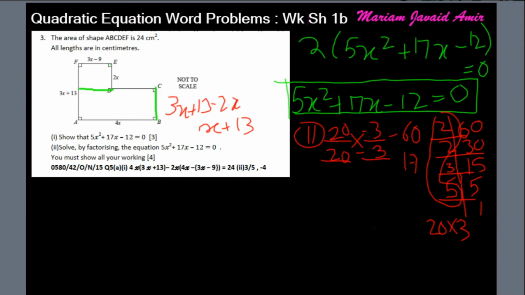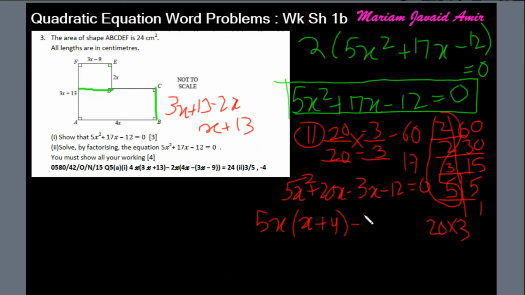Okay, so 5x square plus 20x minus 3x minus 12 is equal to 0. 5x is common in the first two expressions, so we're left with x plus 4, and minus 3 is common, so x plus 4 equals 0.